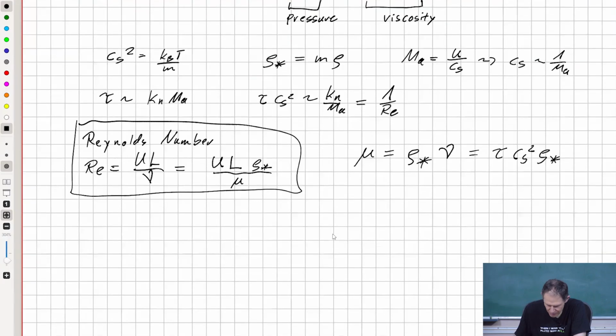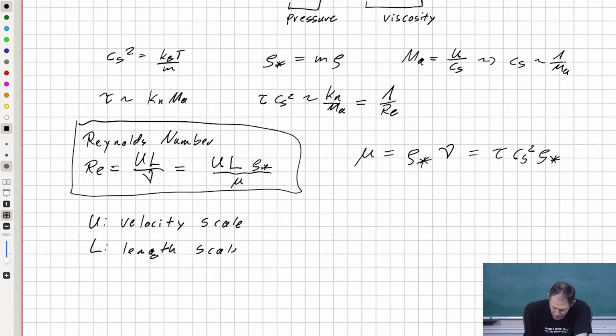Okay. Just writing this down for the afterlife. U is the velocity scale. L is the length scale. And this nu is the kinematic viscosity, which is a proper diffusion coefficient.